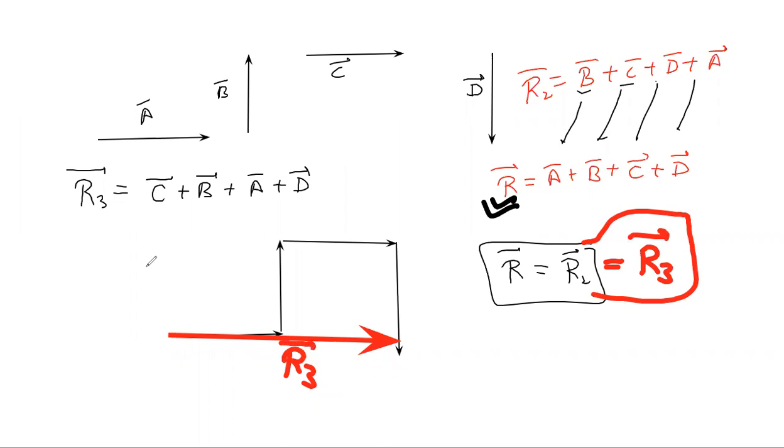Step 2: the tail of the second vector coincides with the head of the first vector. Step 3: repeat the same procedure until the last vector comes. Once the last vector is drawn, the resultant is the vector that joins the first tail to the last head. So addition of more than two vectors is clear to all of you.